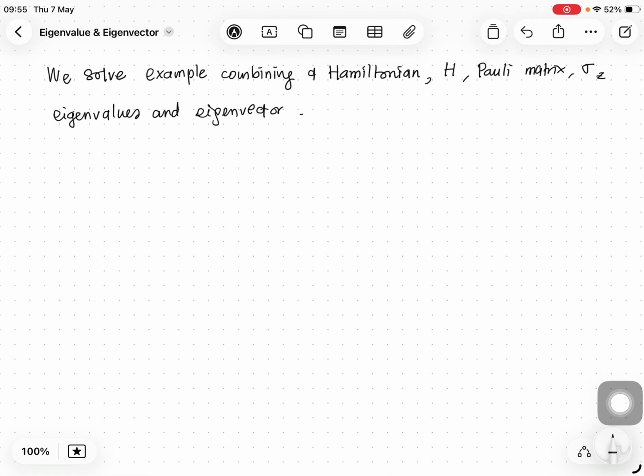We are going to solve an example of finding eigenvalues and eigenvectors. The Hamiltonian, like I mentioned in class, is the total of your mechanical energy, and is written as omega sigma z. Sigma z here is called a Pauli matrix in Z. Omega here is a constant, usually an angular frequency.